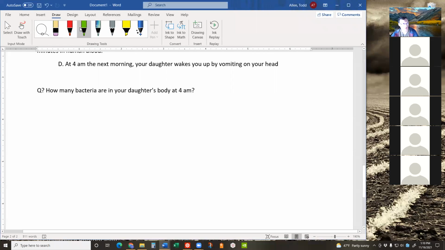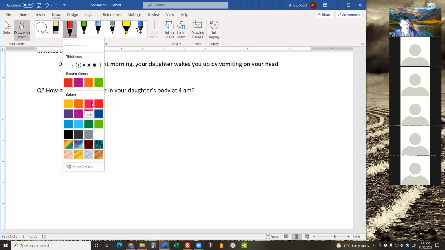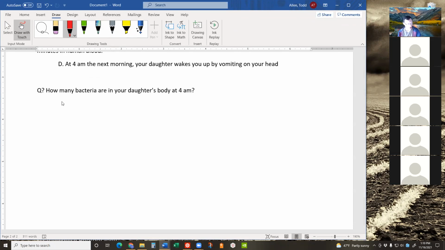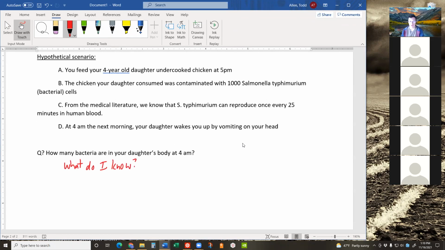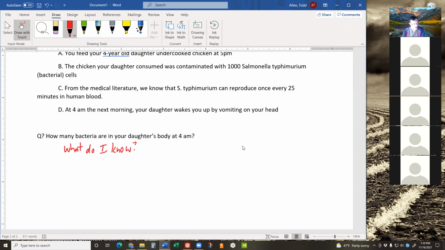When I start a problem like this, typically what I do is take the information that I've been provided and I restate it. In other words, what do I know? And again, this is simply restating what the problem said. So here's what I know.